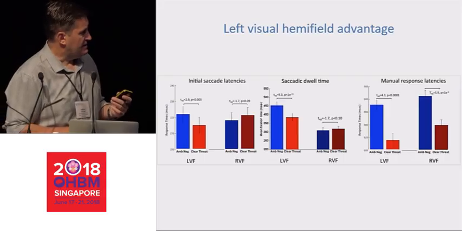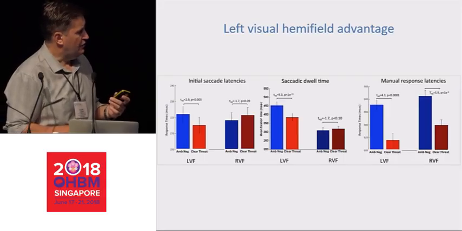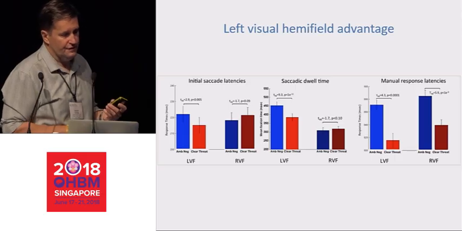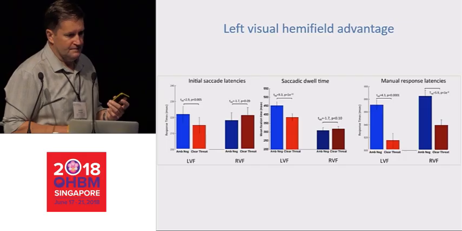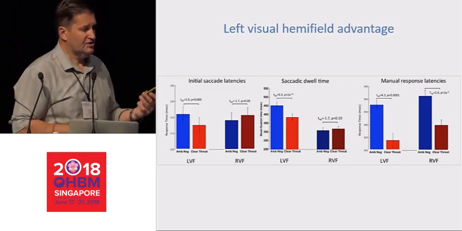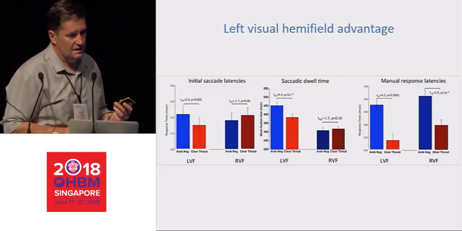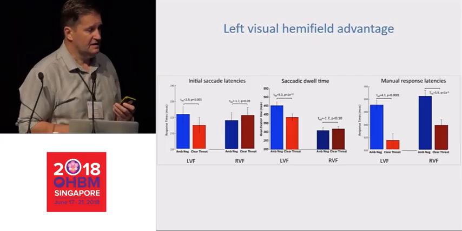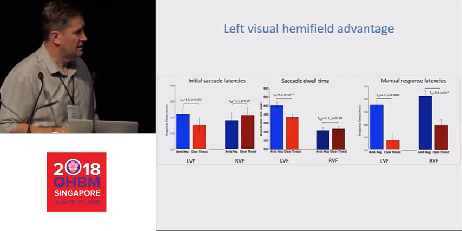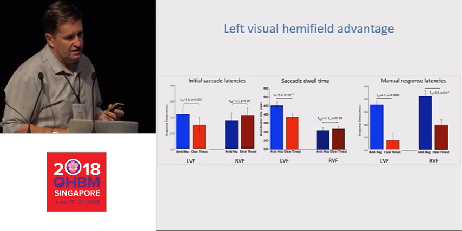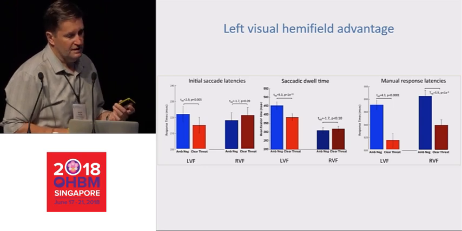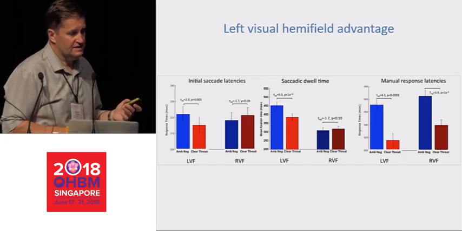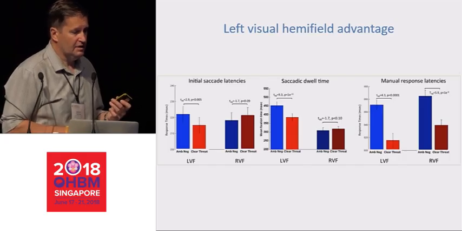And it was sort of reversed, although not quite significant, in the right visual field. The biggest effect was in dwell time, or how much time they spent looking around the scene, how many saccades and how much fixation was there on the scene. So they fixated much more on the left visual field and significantly more on the threat aftermath scenes versus direct threat scenes, which are, of course, more complex.